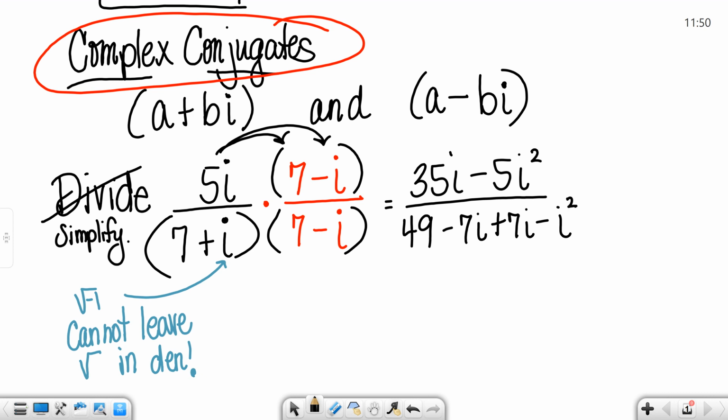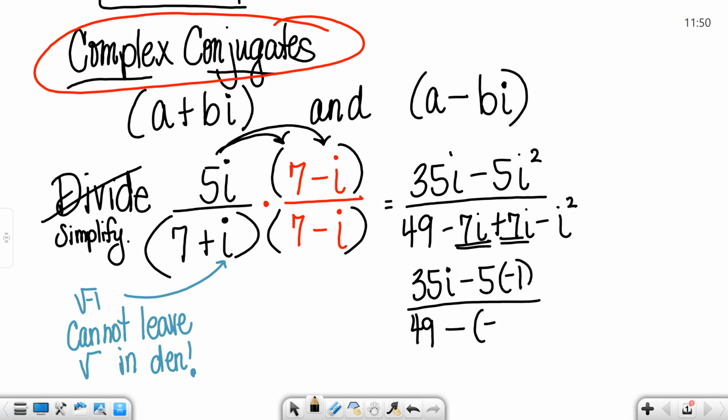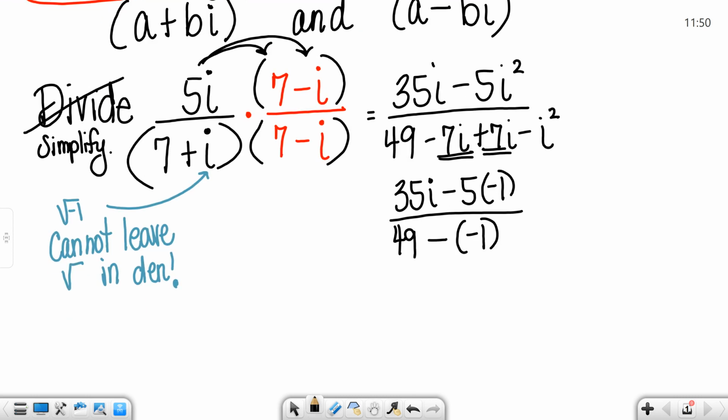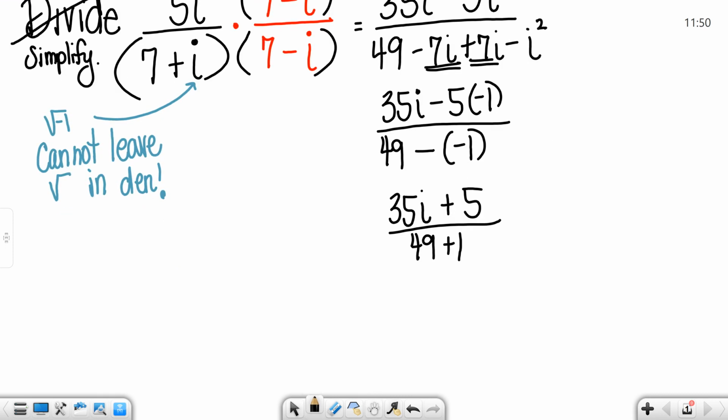Now remember, you can never leave i squareds in your problem because that is the value negative 1. These two middle terms here are like but opposite signs, so that gives me 0. So I've got minus, and then this i squared is negative 1. So I have 35i plus 5 over 49 plus 1. 35i plus 5 over 50.